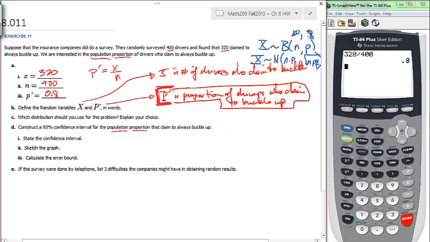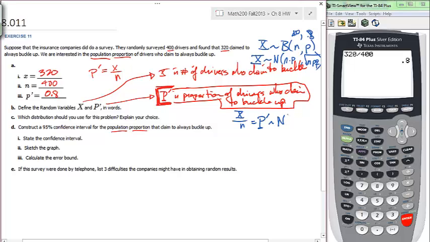This is a normal distribution that approximates a binomial distribution. Now if we're looking for the proportion, it turns out to be capital X divided by n, and that's how one can write our random variable P prime, and that is going to be approximated with a normal distribution.